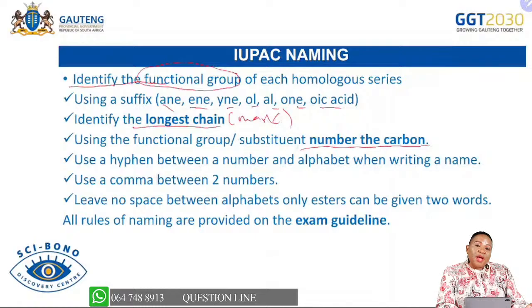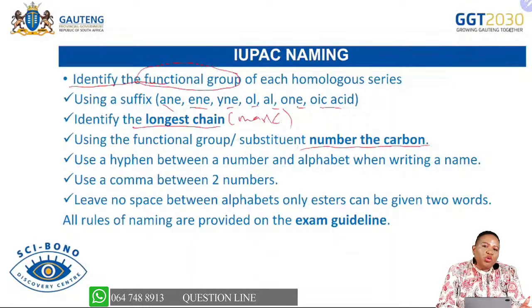It can also depend on where the substituent is, or on the number of substituents, maybe the most substituted carbon or the most substituted side. So you need to understand how to number in terms of the functional group, the most substituted carbon, and the most substituted side, and also the alphabetical preference.